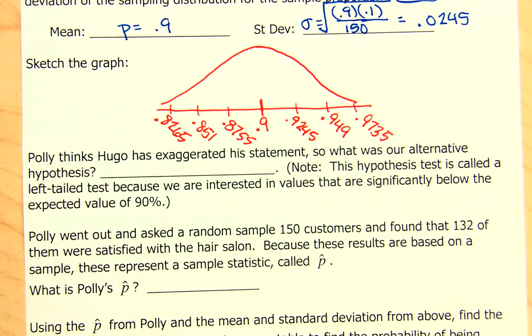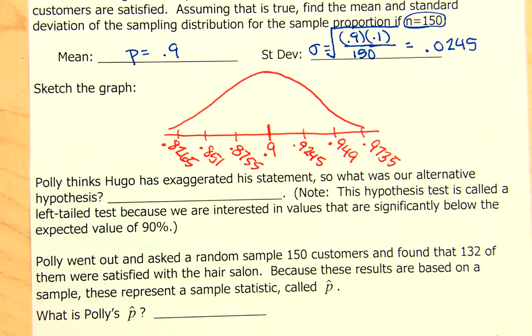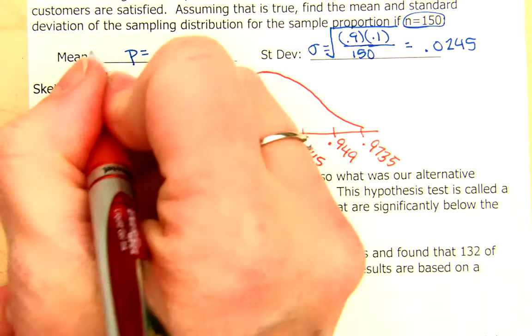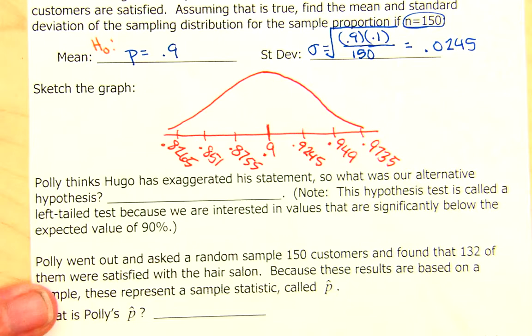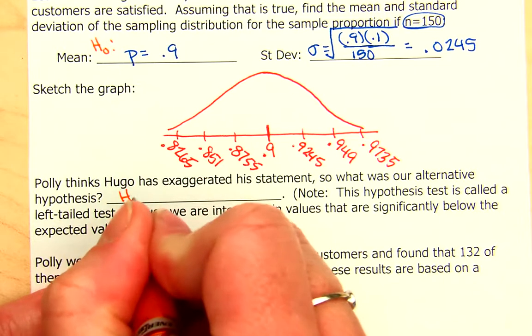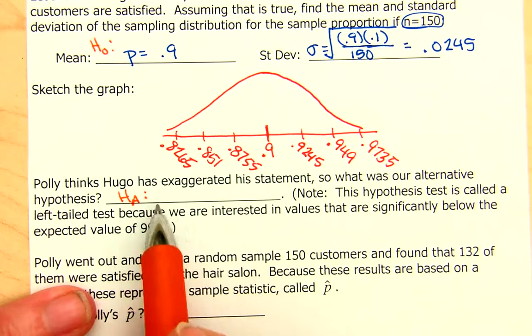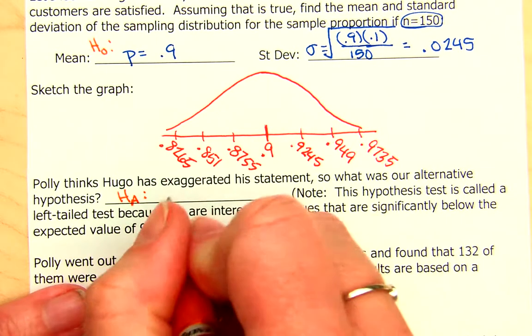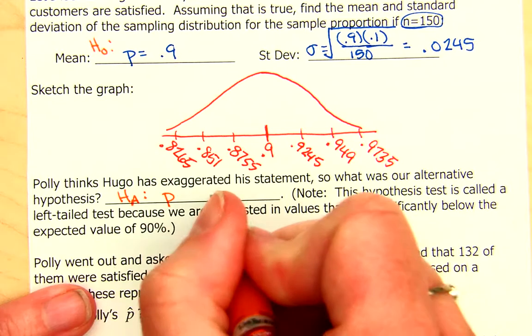So Polly thinks that Hugo has exaggerated the numbers. She does not believe that 90% of the customers are actually satisfied. So, if we are going to test this claim, we would say this up here is the claim. This is H sub 0. And we want to know, what does Polly think about this?